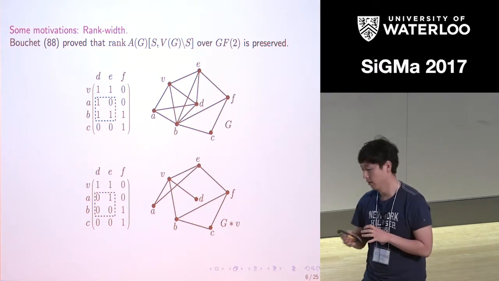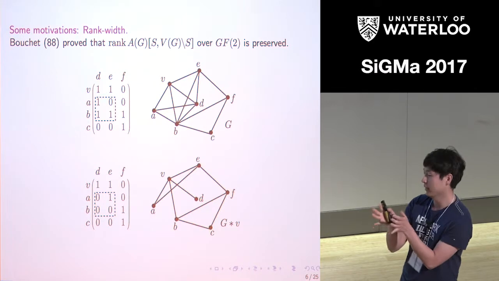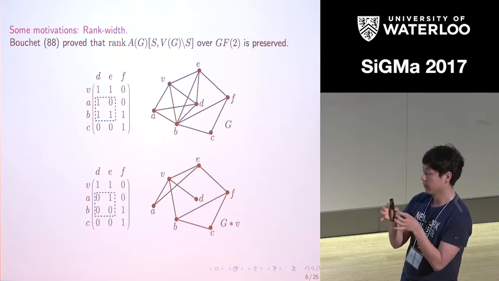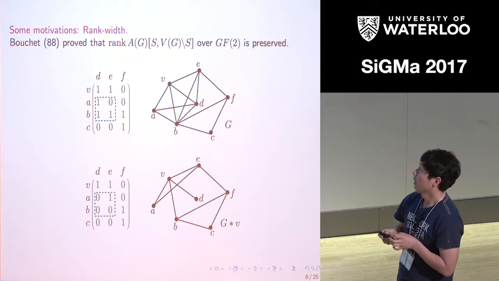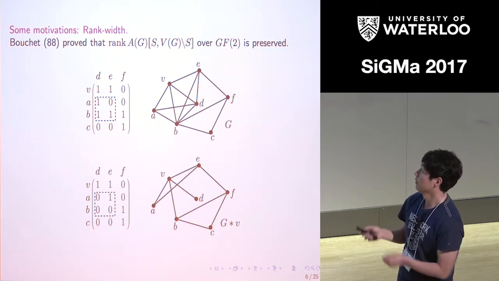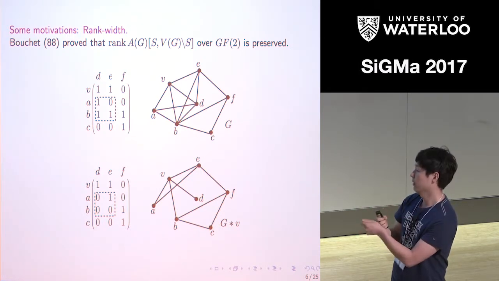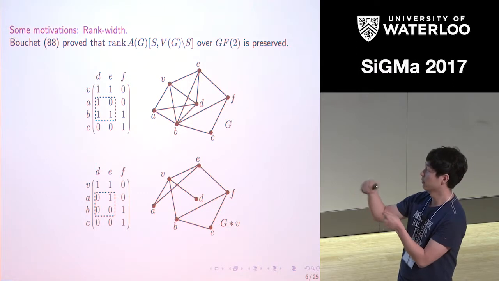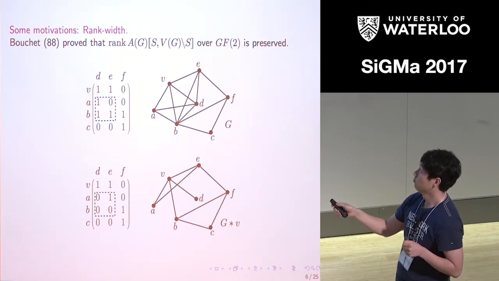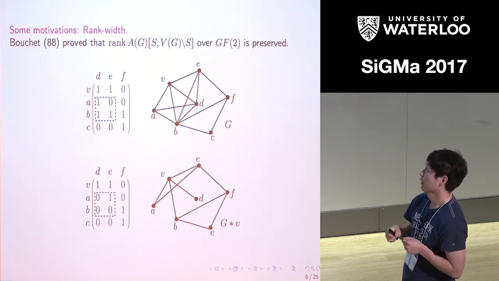Bouchet didn't define rank-width at that moment, but he observed that the function defining rank-width is preserved by local complementation. The function is that you take a vertex set S, and you look at the complement of S, and then you take a submatrix of the adjacency matrix.